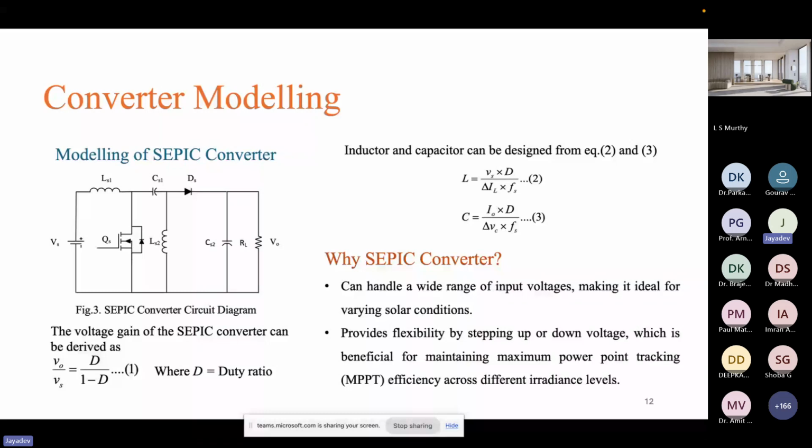Again, that capacitance is your minimum value, so you normally take 1.5 to 2 times the design value. In this way, we find the L and C values. Once we check in open mode, then we connect the PV, and then we integrate into the DC link.